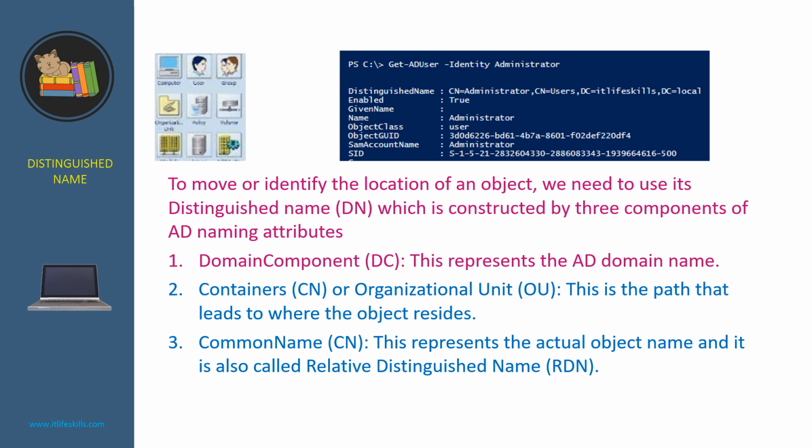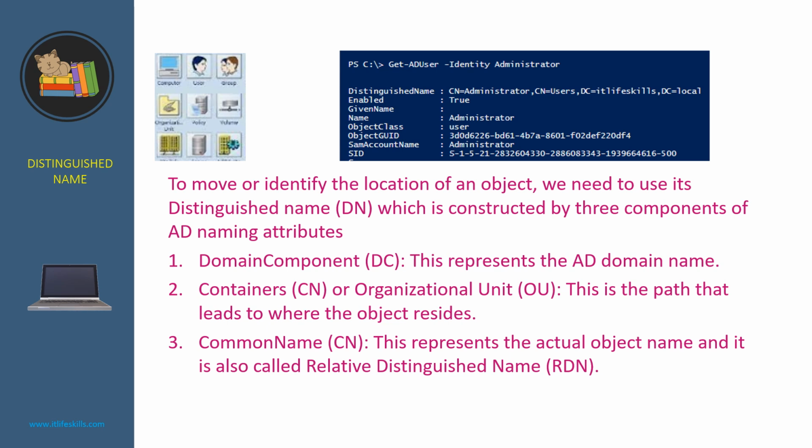The second component is containers or CN, or organizational unit or OU. This is the path that leads to where the object resides. And the last component is common name or CN. This represents the actual object name, and it is also called relative distinguished name or RDN.